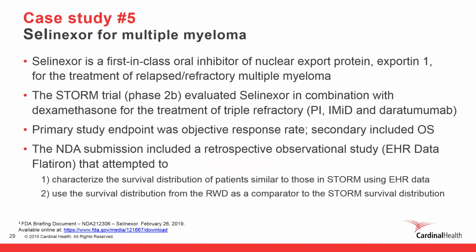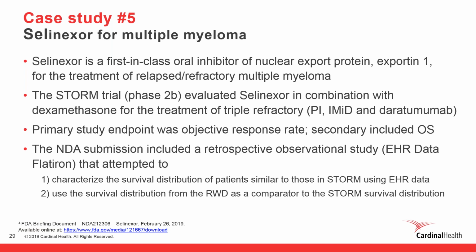So just to discuss this briefly, the case here is for Selinexor for multiple myeloma. Selinexor is a novel treatment that was evaluated in the STORM trial, a phase 2b study, in combination with dexamethasone for the treatment of triple refractory multiple myeloma. The primary study endpoint was objective response.